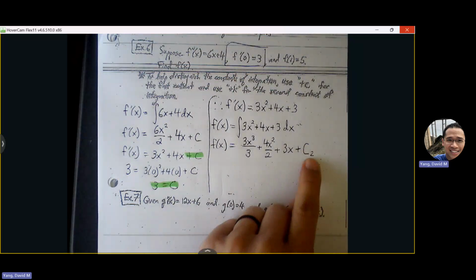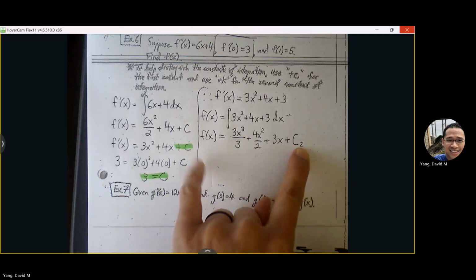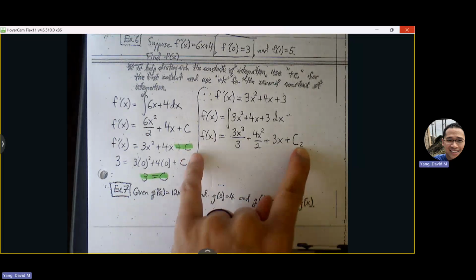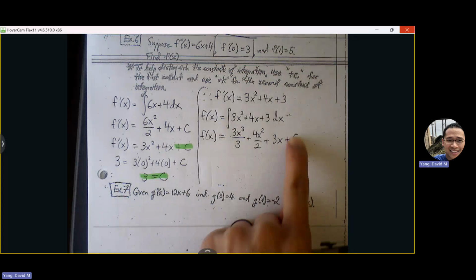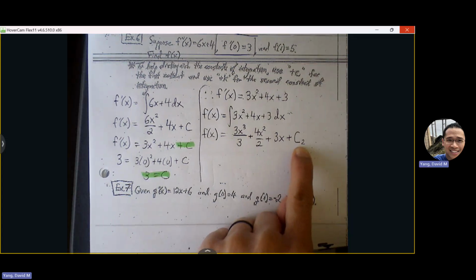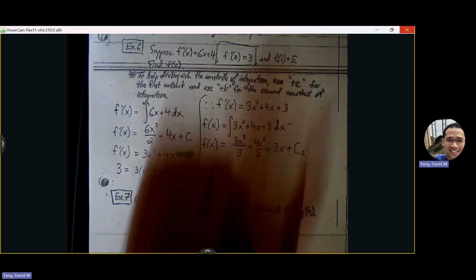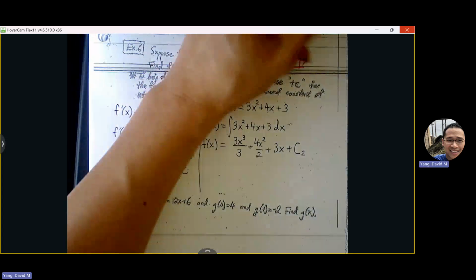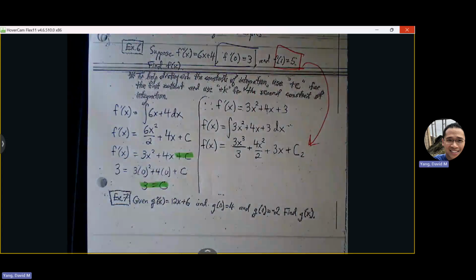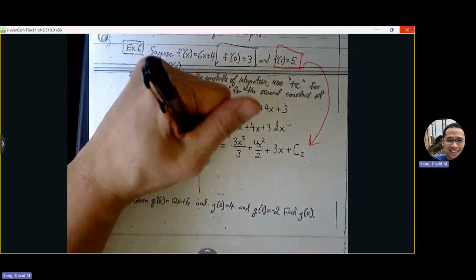I'm going to call it c sub 2 because I want to make sure this c is different from this c, so I'm just going to give myself a slightly different name. But we have an ordered pair at the function level that we can plug in to help us solve for this c value. Right? So 1 can plug in for x, 5 can plug in for y.